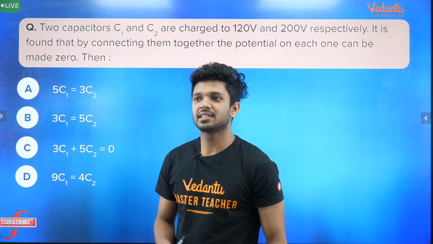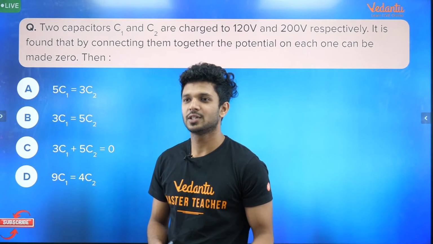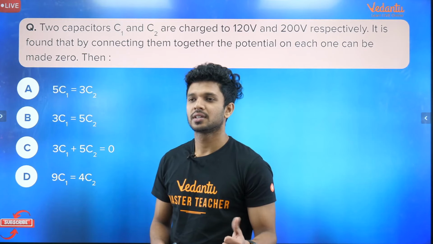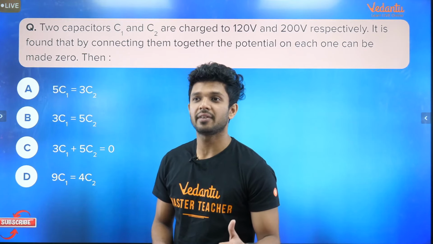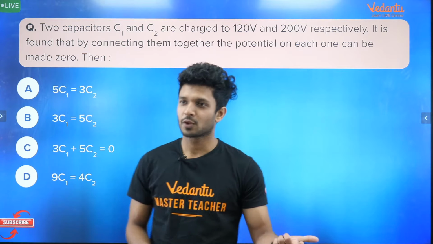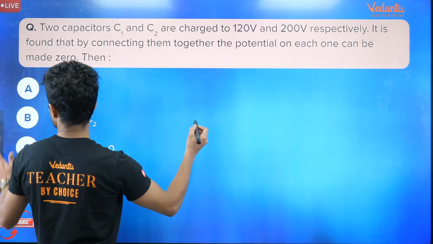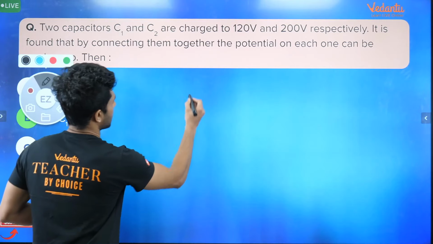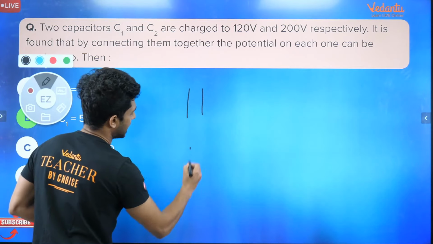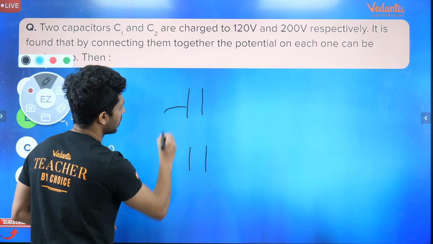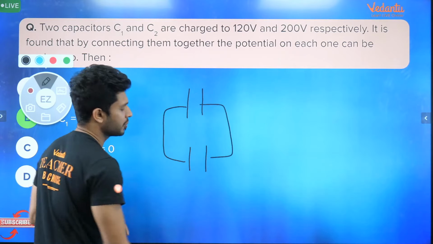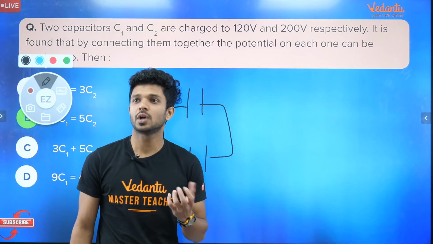What kind of connection, guys? No answer. Look, I have a capacitor, another capacitor is there. If I want to make them connected, the only way of making a connection between them is a parallel connection.